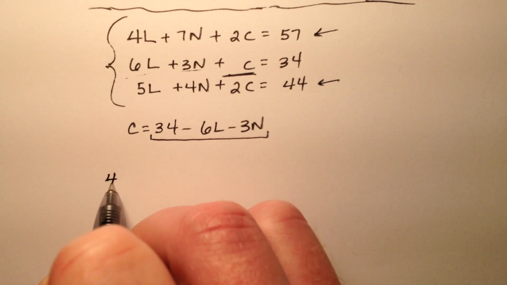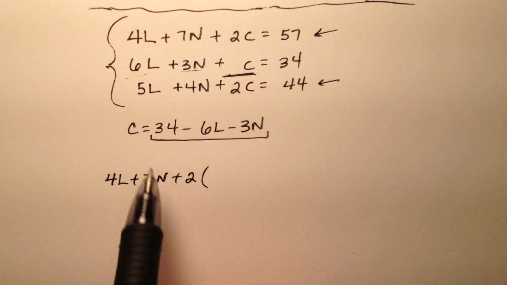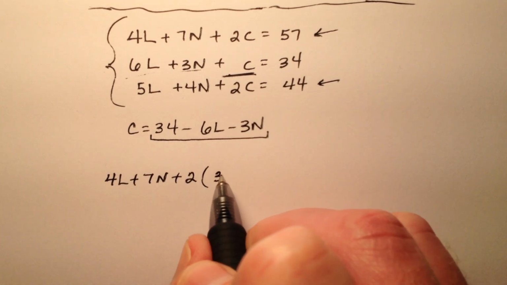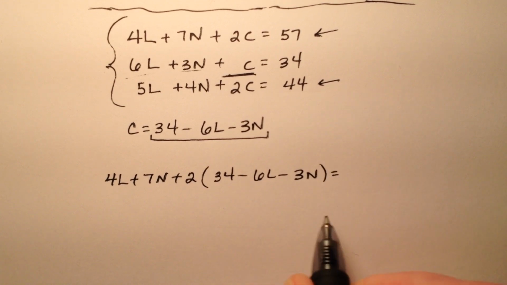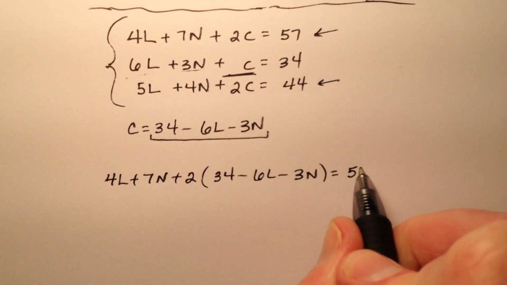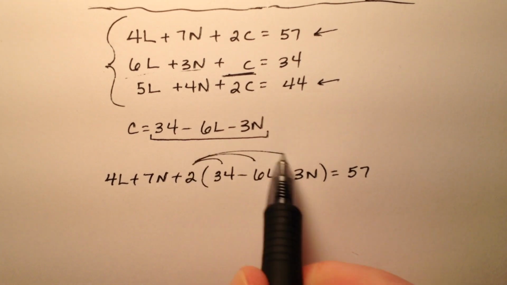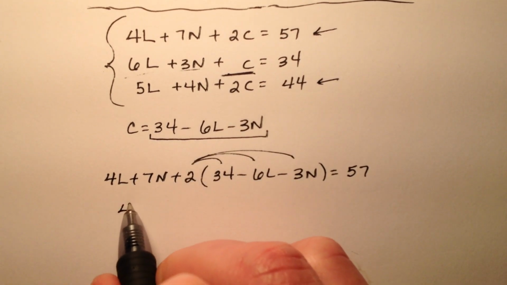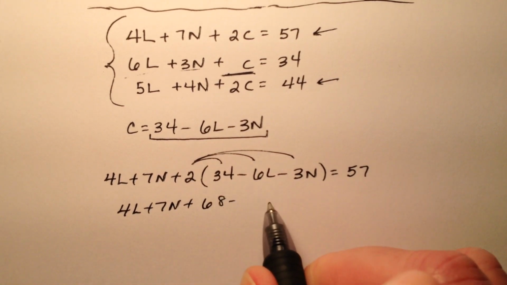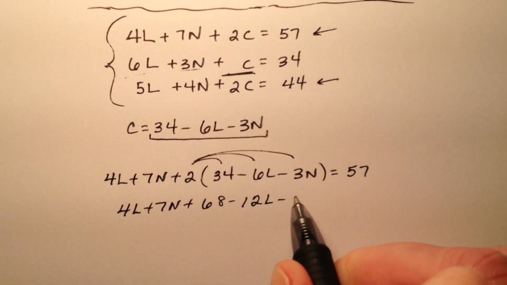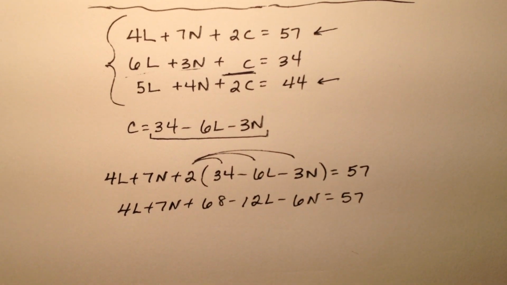So 4L plus 7N plus 2C, and my value of C is this expression 34 minus 6L minus 3N, and that equals 57. So let's go ahead and distribute and then combine these like terms. 4L plus 7N plus, it looks like 68 minus 12L minus 6N equals that 57.